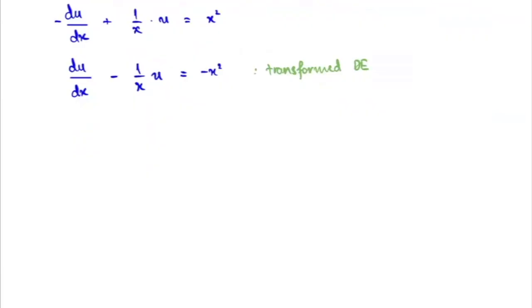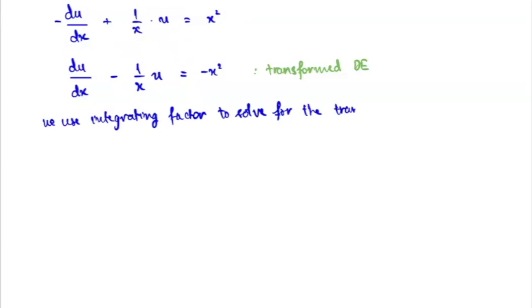Again, from here you can use an integrating factor to solve the transformed equation. That is, you introduce an integrating factor mu of x equal to e to the power integral of p of x dx, where p of x is equal to negative 1 over x in this context.